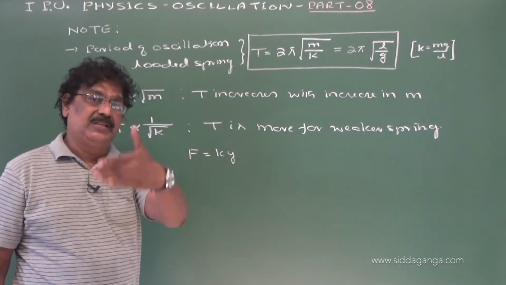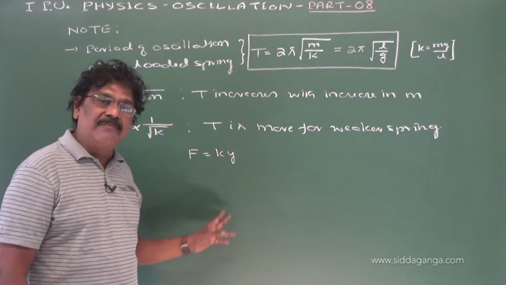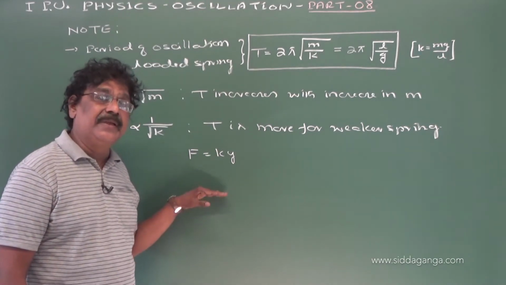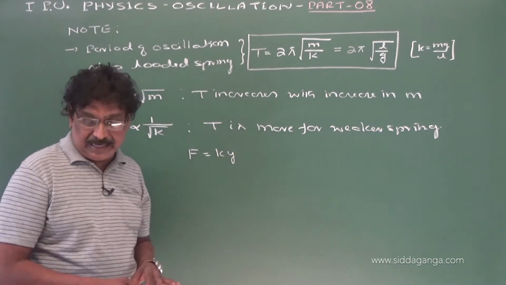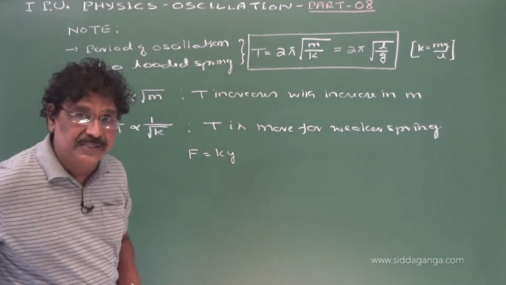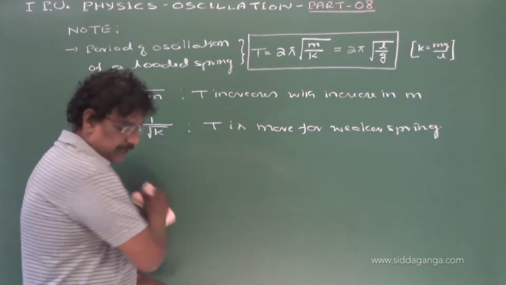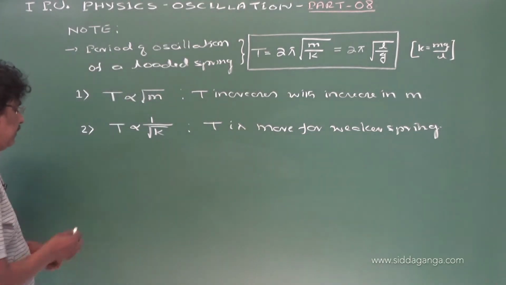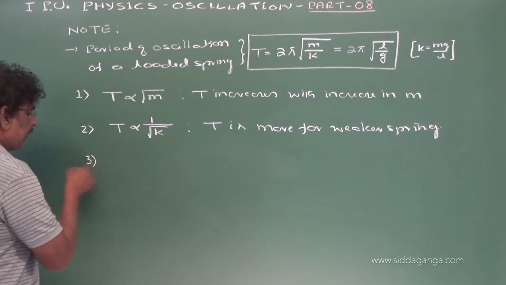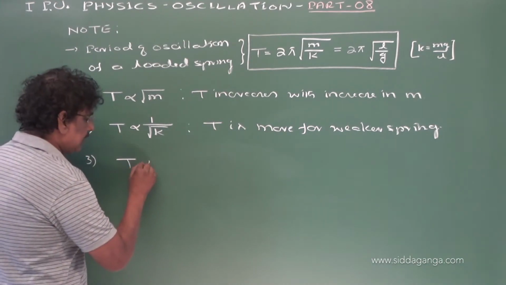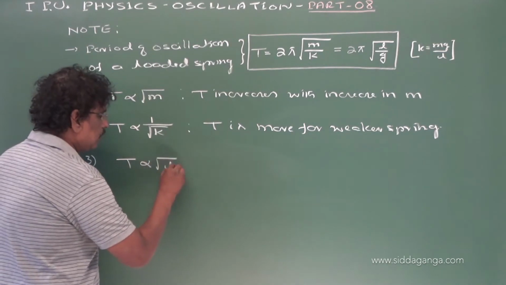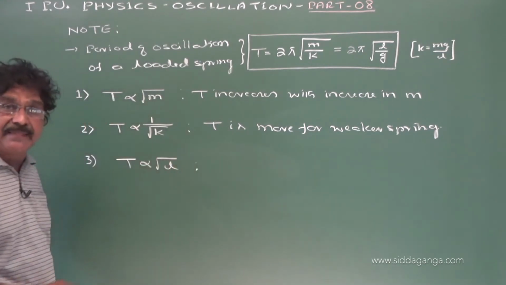That means the spring is strong. If the value of k is less, then even a very small force can produce a large displacement, that is a weak spring.